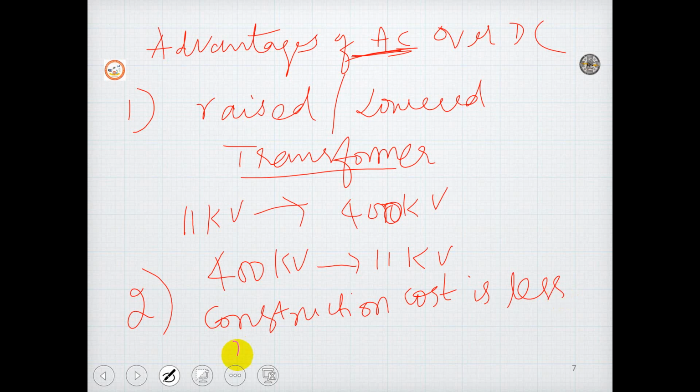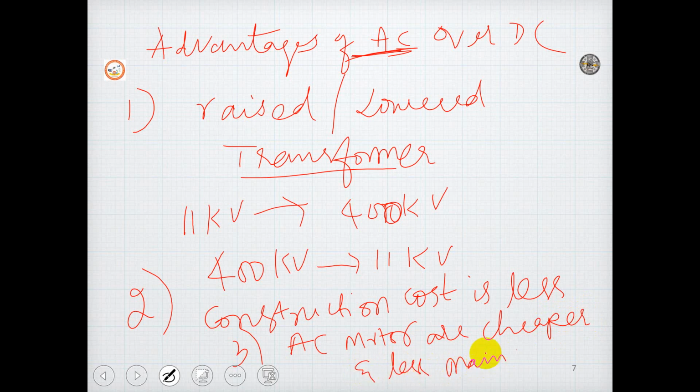And the third advantage is that electric motors are simple in construction, cheaper and need lower maintenance. AC motors are cheaper and need less maintenance. So as I said, these are the main advantages of AC over DC system.